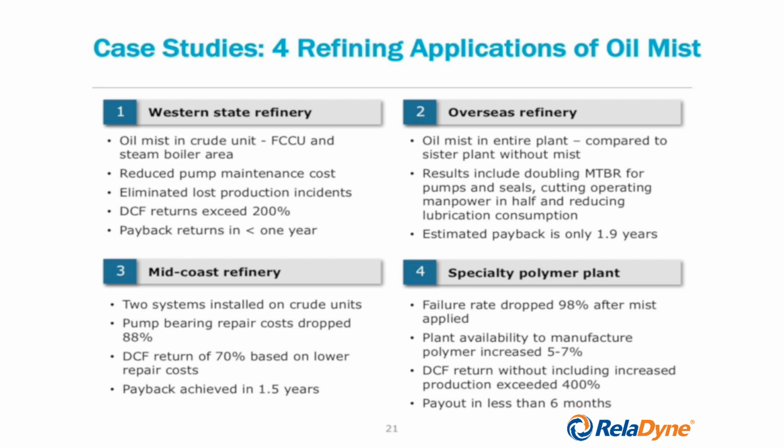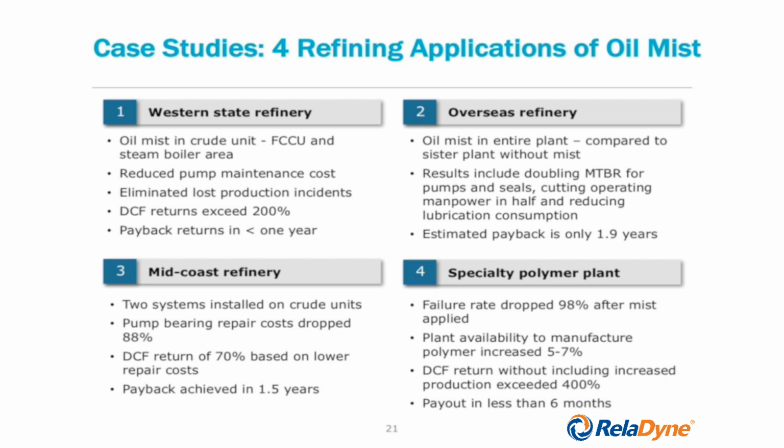Finally, there's a specialty polymer unit which had accurate data, and the failure rate dropped by 98% after oil mist was being applied. And the availability to actually manufacture and produce and sell polymer increased from year to year somewhere between 5 and 7%.